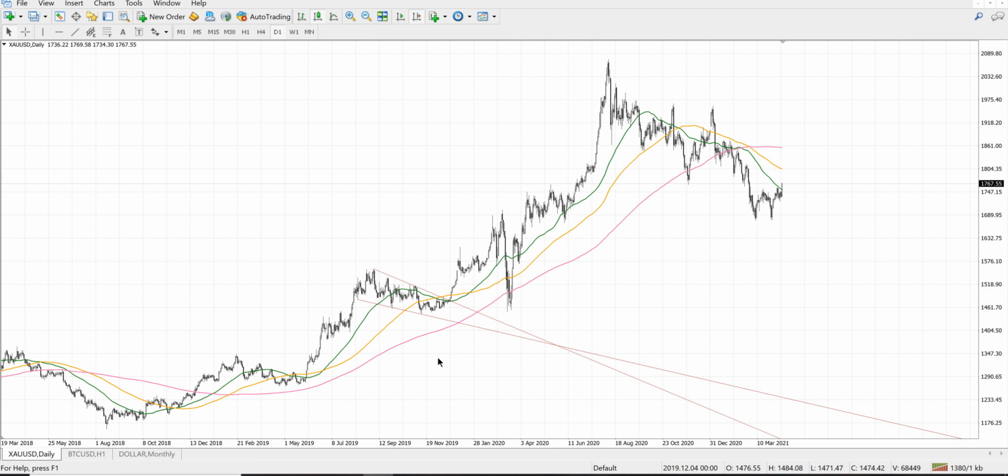Typically when people hear the word falling, they think, oh, it's going to go down. No. Falling wedge is a pattern of continuation. Look at what it was doing prior to entering that pattern, and it will continue doing that. So a falling wedge is indicative of it's going to go up. A rising wedge is indicative of it's going to go down.